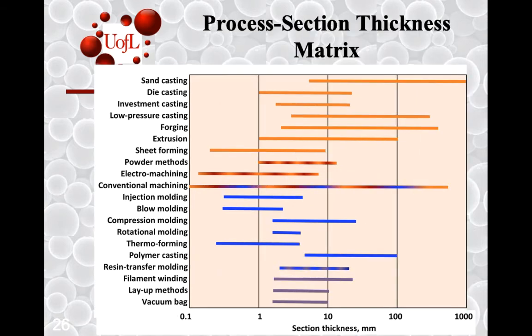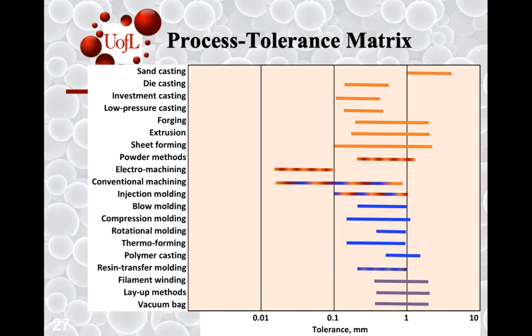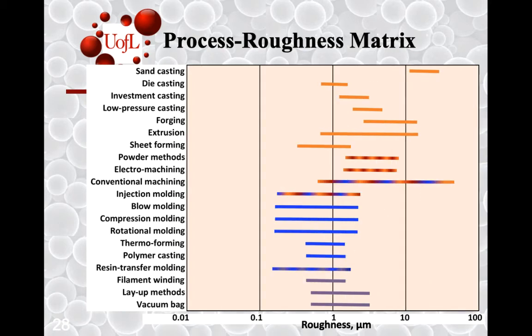Here's on a mass basis. The second aspect is in terms of the mass, which is based on the section thickness in a similar manner to what we saw earlier. And again, injection molding is in the running, as is compression molding and a couple of others. In terms of tolerances itself, injection molding is right there in that sweet spot. Roughness, similarly, because we're using a highly polished die, you can get to very low roughnesses.